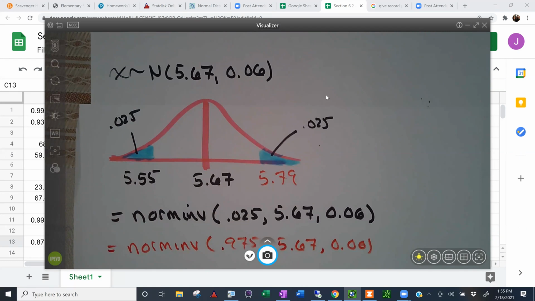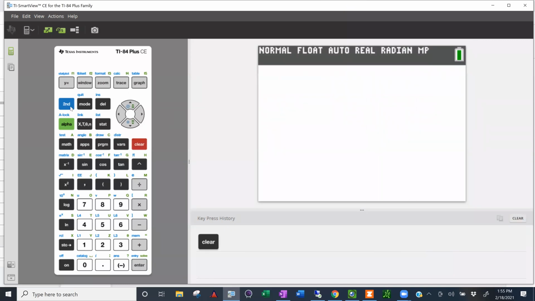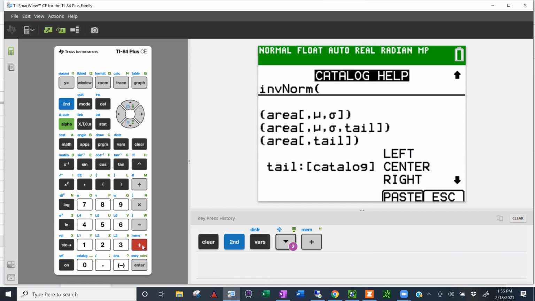Again, let me clear out some stuff. We're going to go back to our distributions key, or distributions menu. This time I want to use the inverse norm. Let me go down here and hit the plus key and see what the form is of that command.